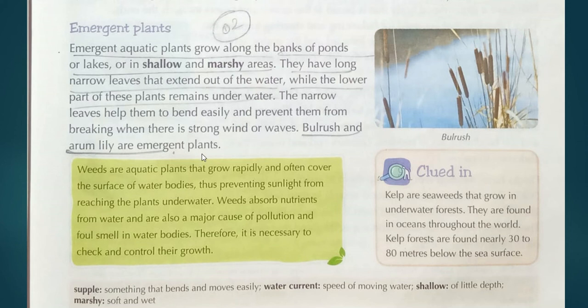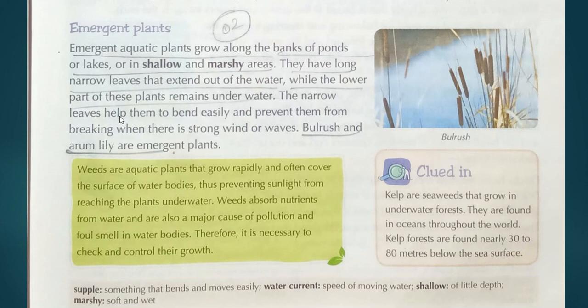So what is written about emergent plants? Emergent plants grow along the banks of ponds or lakes or in shallow and marshy areas. They have long narrow leaves. It means the leaves are very long and they extend out of the water, while the lower part of the plant remains underwater. The lower part of the plant means the root is always under the water.